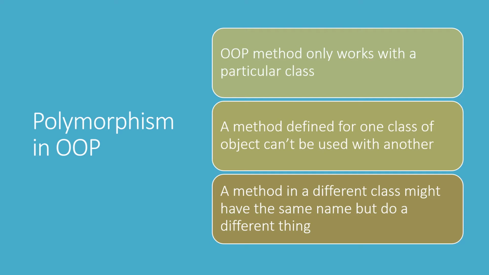Polymorphism is a feature of object-oriented programming too. In object-oriented programming, if you create a method within a class definition, that method will only work on objects of that particular class. A method that has been defined in one class of objects can't be used in another class of objects. So two methods might have the same name but do different things.